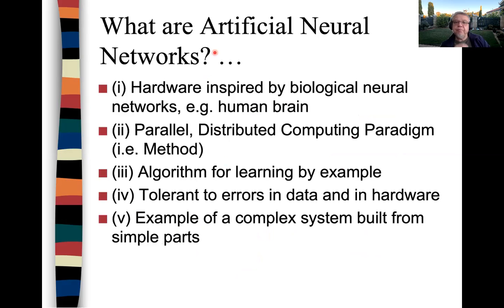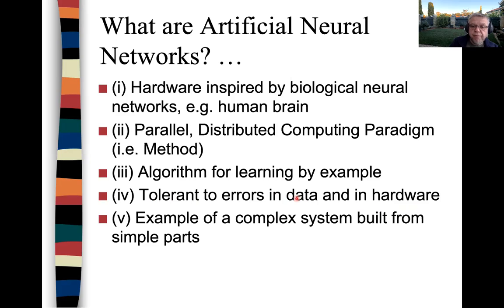Another way of looking at what artificial neural networks are: their hardware is powered by biological neural networks, so you're trying to imitate the human brain. They are parallel distributed computing paradigms. You can say that they are algorithms which learn by examples in the case of supervised learning. They are tolerant to errors in data and hardware.